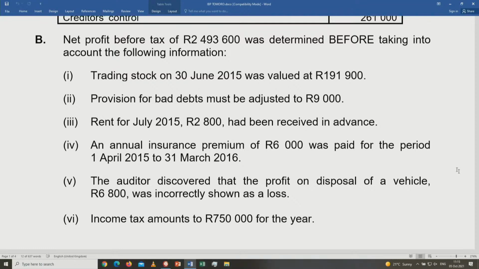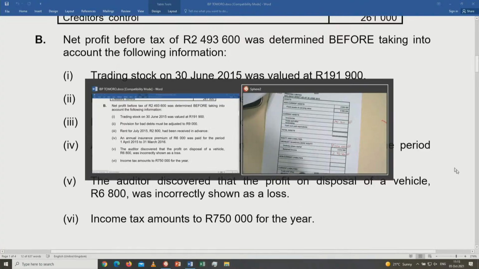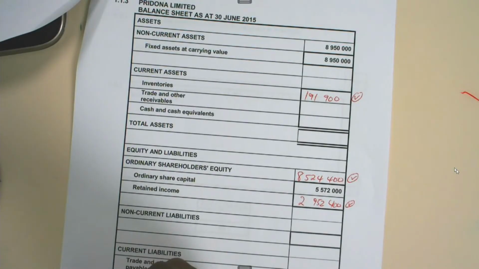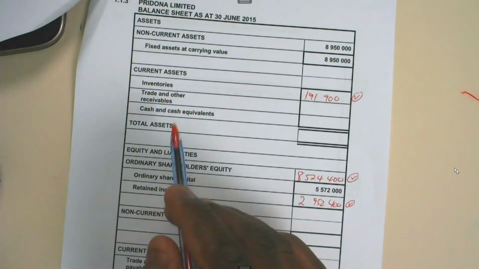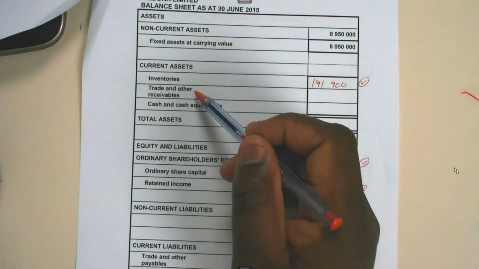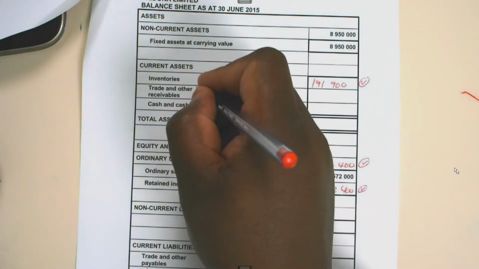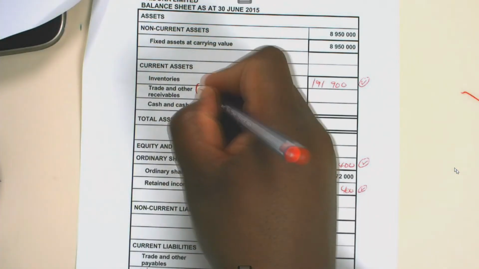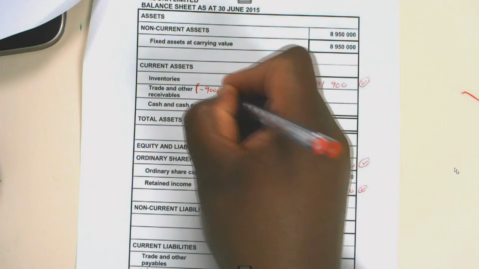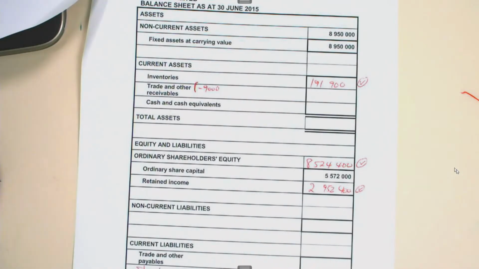But now on the face of our balance sheet, we don't have debtors control, but you must open bracket and then subtract that 9,000.